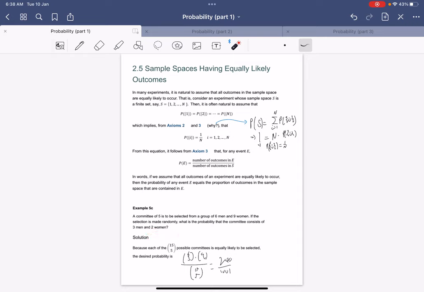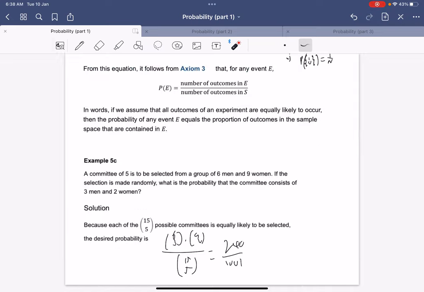Well, if you understand the combinatorics, which I've already gone through in a separate series, you can take a look there where it's more extensive. We like to say that the total number of ways is just 15 choose 5, because there's 15 people in total and we need to choose 5 people. That's how you select a community.